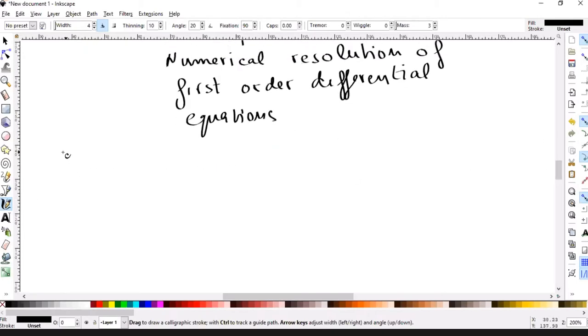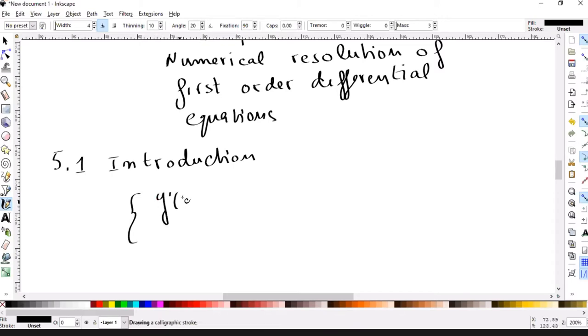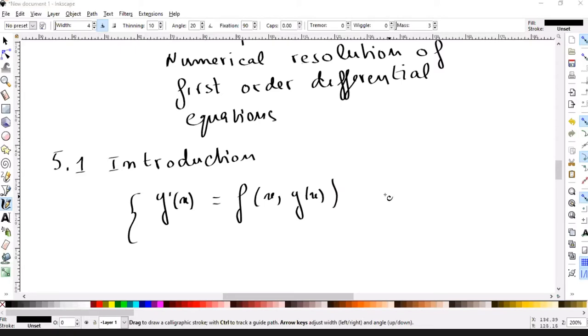Alright, so in this chapter we will see how to solve a differential equation such as y prime of x, yani the derivative with respect to x of a function y, is equal to f of x, y of x, and it can depend on x and y of x, on an interval x belonging to [a, b].